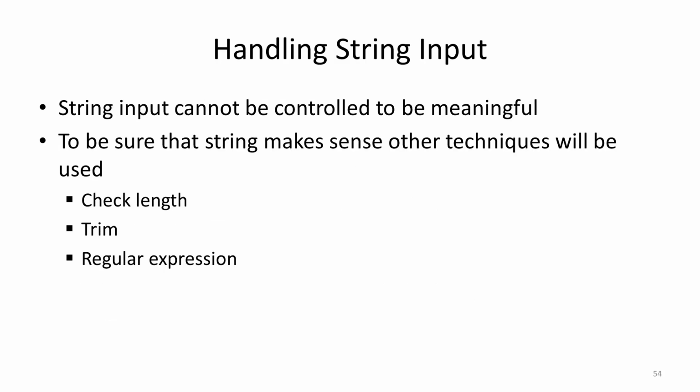Overall, when you're getting input using the Scanner, numerical input is pretty straightforward. You use nextInt to get an integer, and you use nextDouble to get a number. But when you get input as a string, it can be anything: numbers, letters, symbols. String input cannot be controlled to be meaningful.